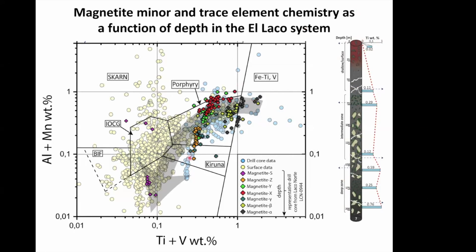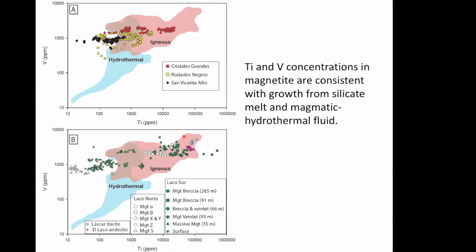So there would be a trend, as I'm tracing out here, from deep to shallow. I'll highlight that this trend beautifully mimics the same exact trend that we observe in magnetite from porphyry deposits around the world. And we know unequivocally that porphyry deposits are the result of a magmatic hydrothermal event that evolves from a silicate magma.